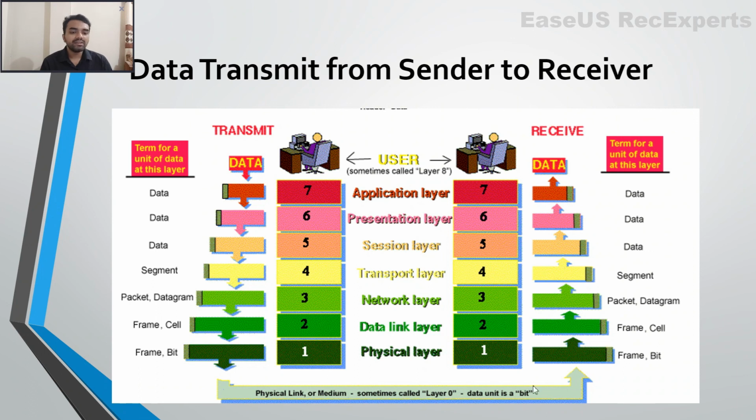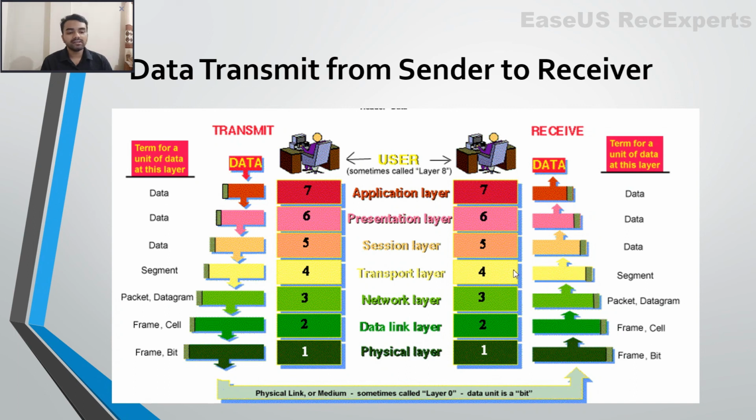Then the receiver, when receiving this message, the physical layer converts the bits into a frame, then transfers it to the data link layer. The data link layer decapsulates the data from frame to packet and transfers it to the network layer. The network layer decapsulates the packet into a segment and transfers it to the transport layer.